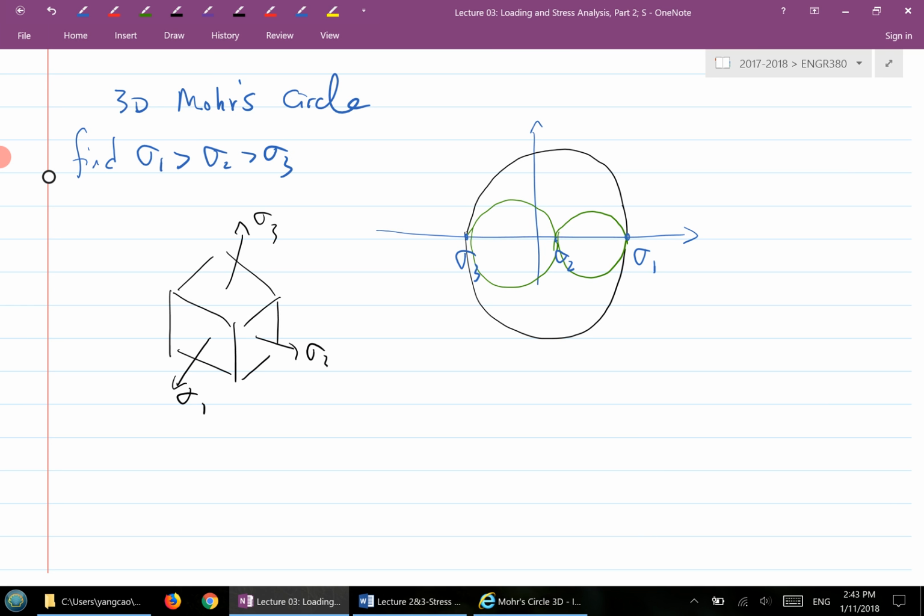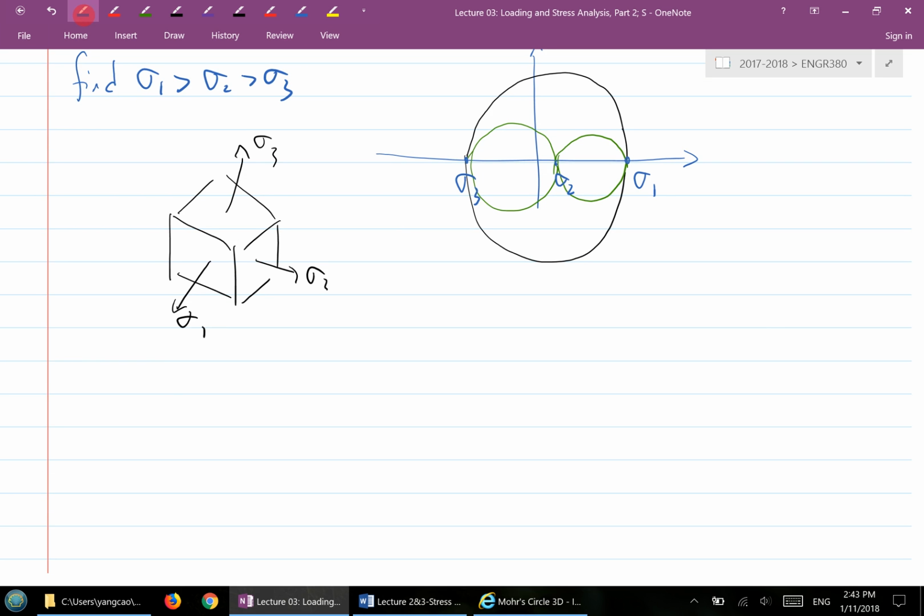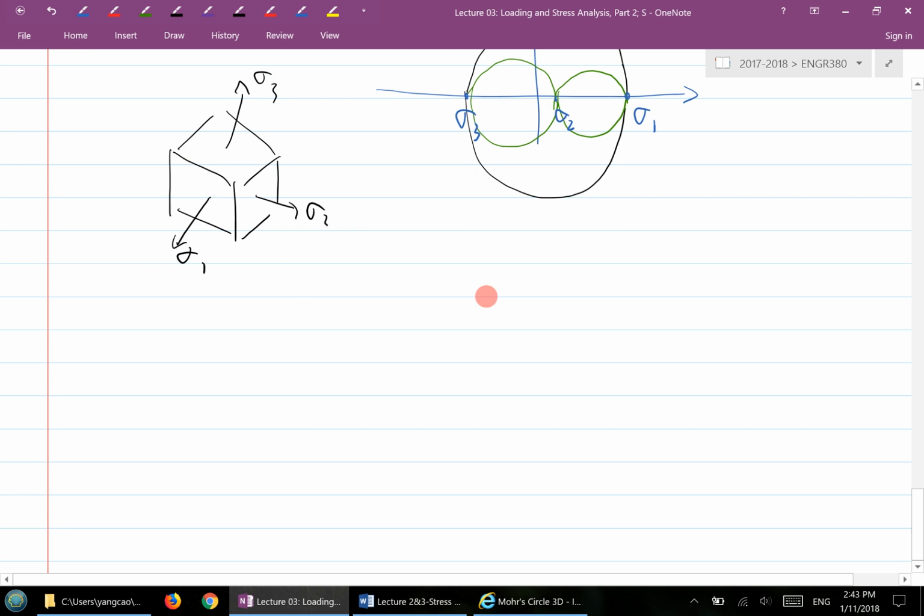Now in our case, what we typically deal with is planar state of stress.